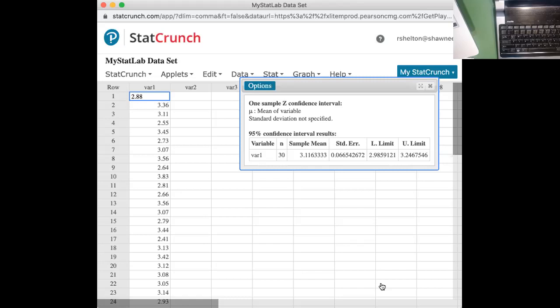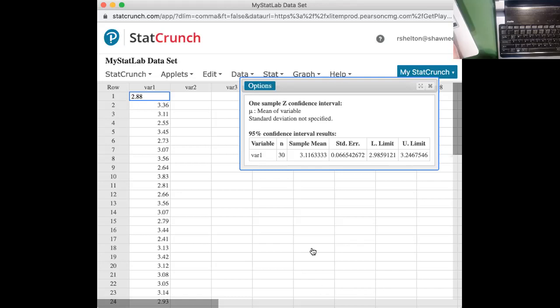Standard error. This is of the means, right? Of the sampling distribution of the means. It's the standard deviation of the X bars. That's what standard error is when you're talking about means. And it's 0.0665. We know the n was 30. So I just jotted this information down.